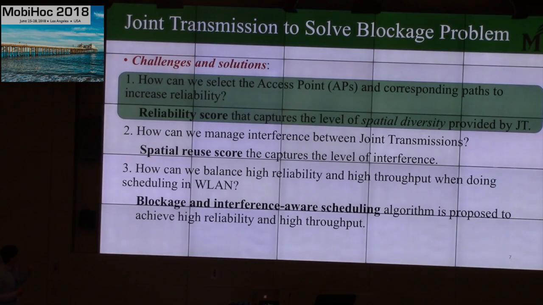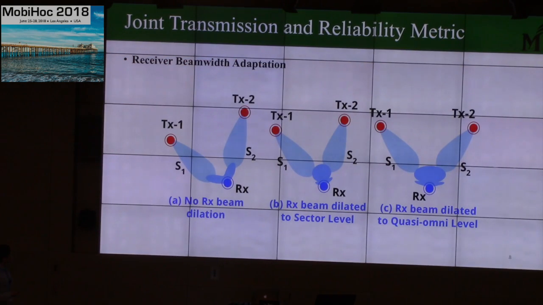Okay, first let's see how we can use the reliability score to quantify the joint transmission. As I mentioned before, first we need to adapt the beam pattern at the receiver side to avoid the deafness problem in the 60 GHz WLAN. In our work, we can easily do that with a multi-level probe. So we have three situations here.